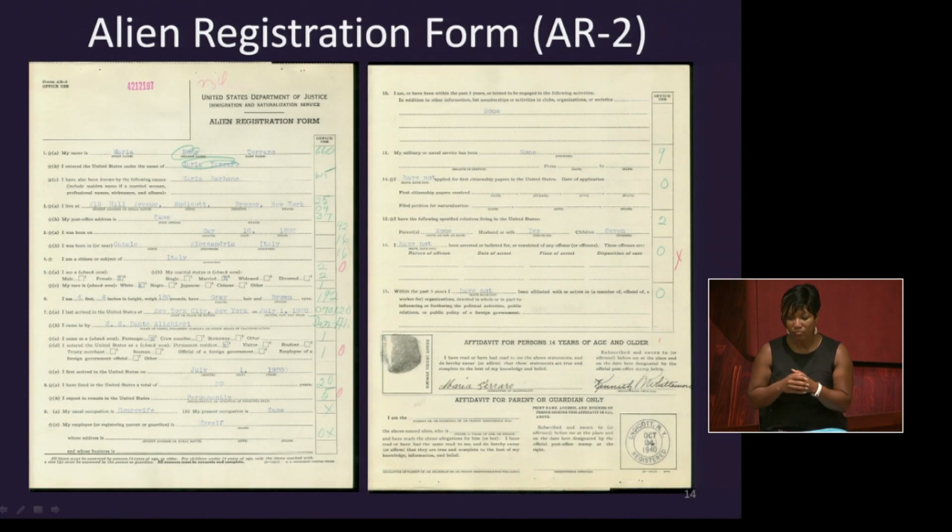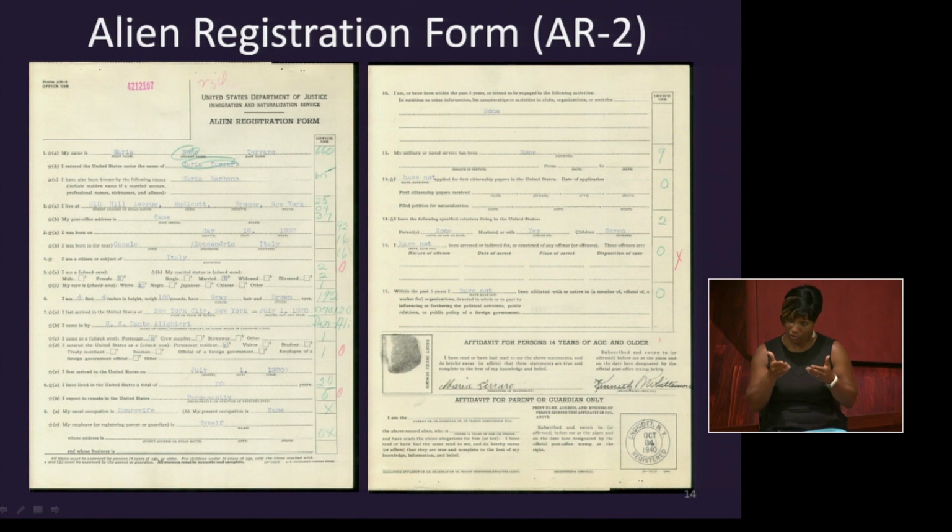The Alien Registration Form, or AR-2, was the form that was completed during the 1940 Alien Registration. This document is a 15 multi-part question form that was filled out. It includes things such as name, aliases, when and where you were born, when and where you entered the country, occupation, organizational memberships, do you have prior military service?